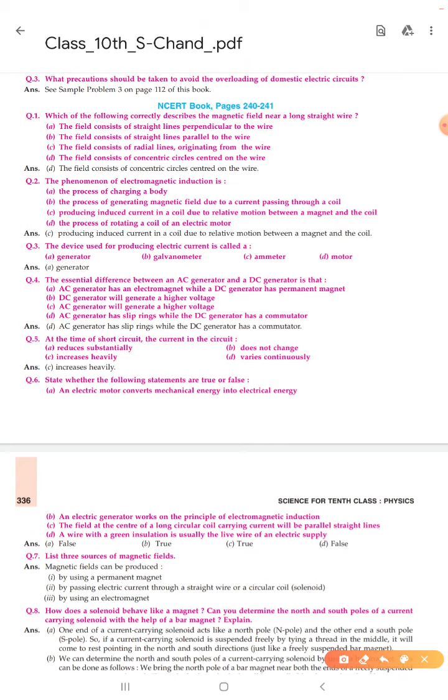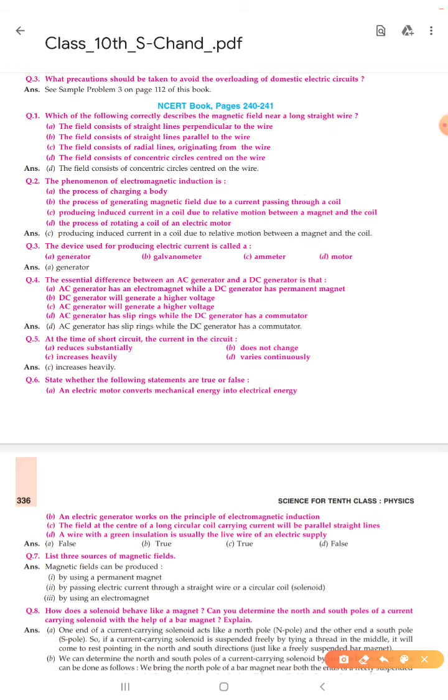This is a current carrying straight wire, and we can find the direction of the magnetic field by using Maxwell's right hand thumb rule. According to that rule, we get the magnetic field lines of this current carrying wire, and they form concentric circles, as we know from the chapter.